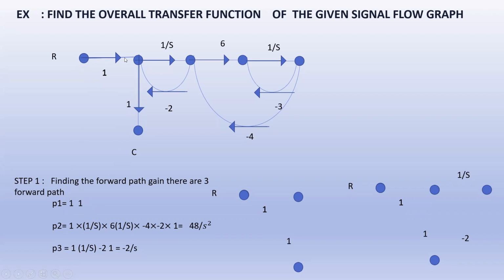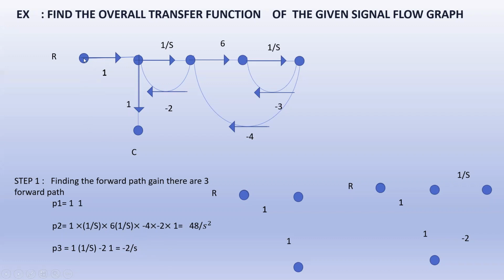If we go to this node, and to this node, and again come into this node, and based on this, if we come to the output node, that will be another path. Calculating this path gain, we have 1 into 1 by s, the path gain of this, into minus 2, the path gain of this, and into 1, the path gain of this. We have this path gain which is equal to minus 2 by s.